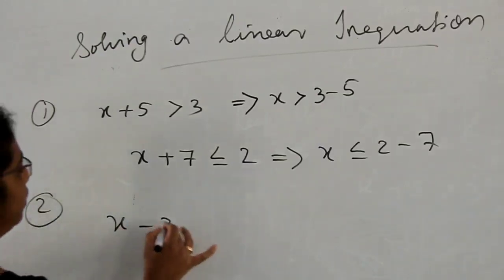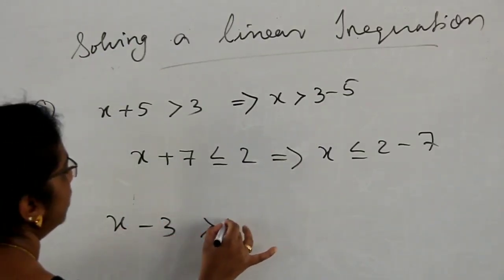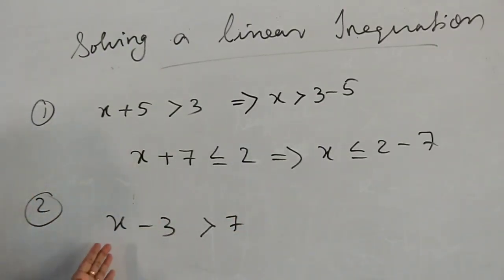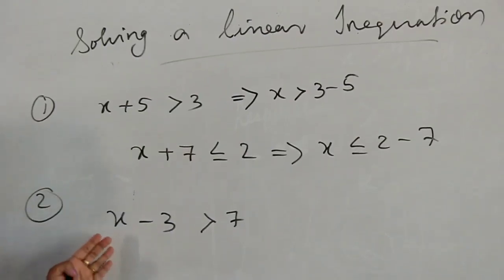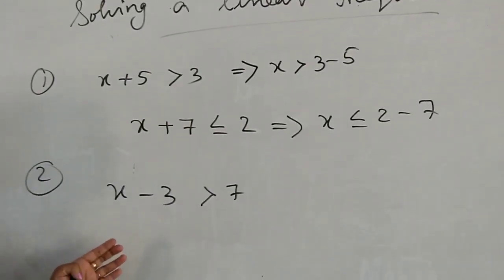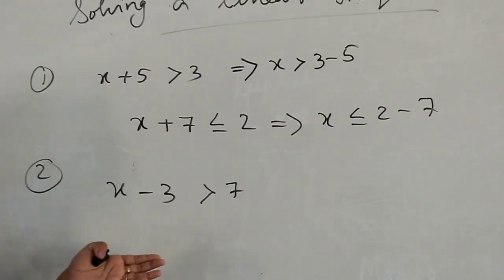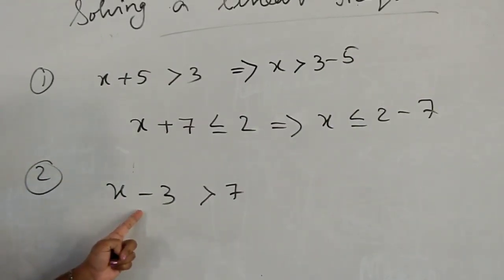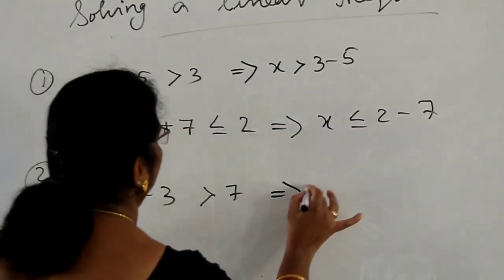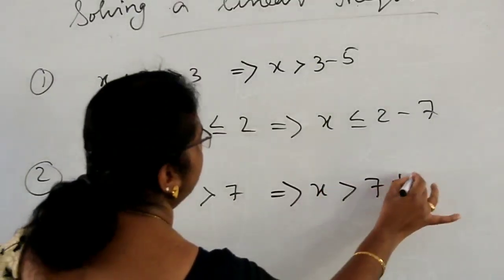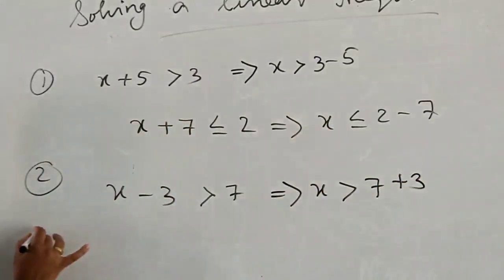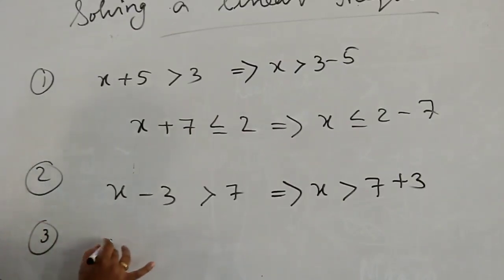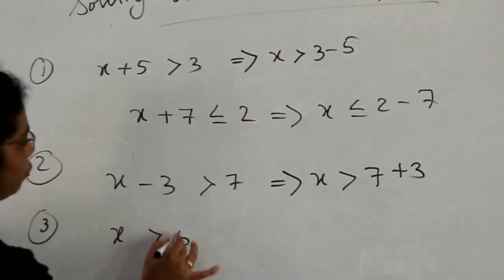And the second rule, x minus 3 greater than 7. On transferring a negative term from one side of an inequation to its other side, the negative sign becomes positive, which implies x greater than 7 plus 3. And the next rule, x greater than or equal to 5.